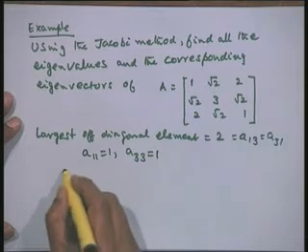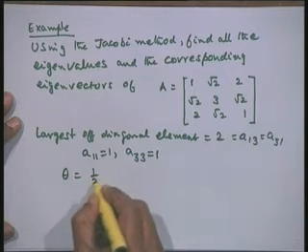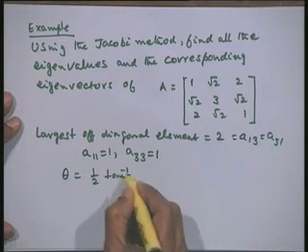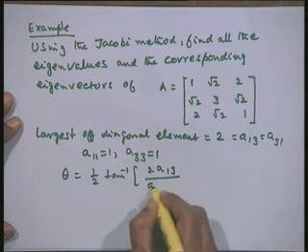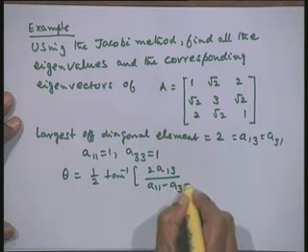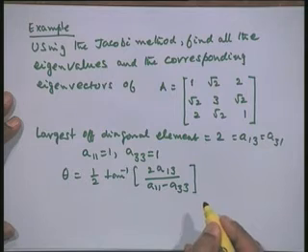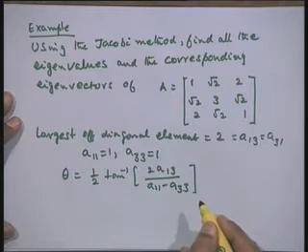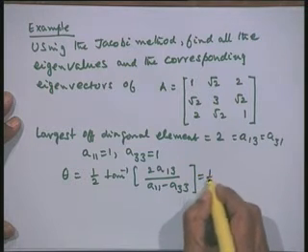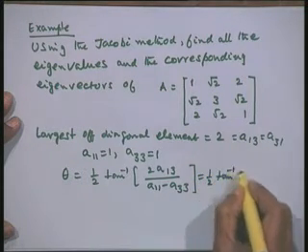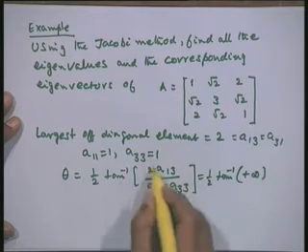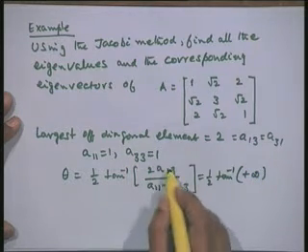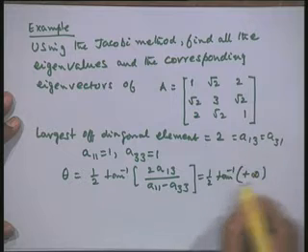Now, I find theta. Theta is equal to half tan inverse of 2 times A13 by A11 minus A33, and this is half tan inverse of plus infinity. A11 is equal to A33 here and A13 is positive, therefore we have plus infinity.